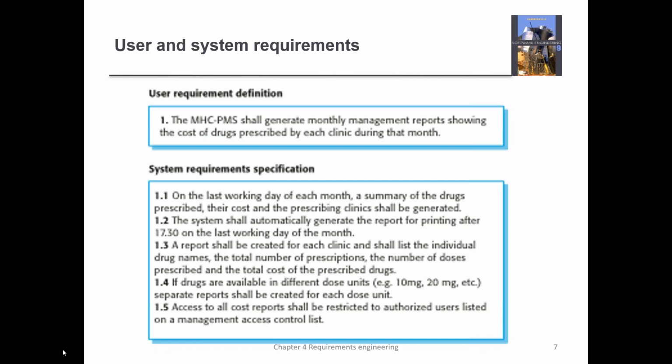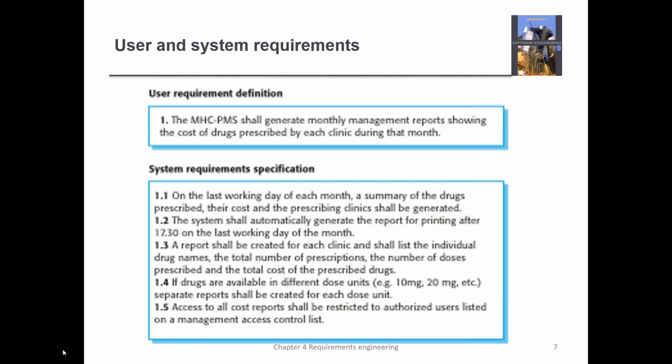Because as you can see, the user requirements just give a general statement. But the system requirements now get very specific in that it says, on the last working day of each month, a summary of the drugs prescribed, their costs, and the prescribing clinics must be generated. That was included in the user requirements definition.